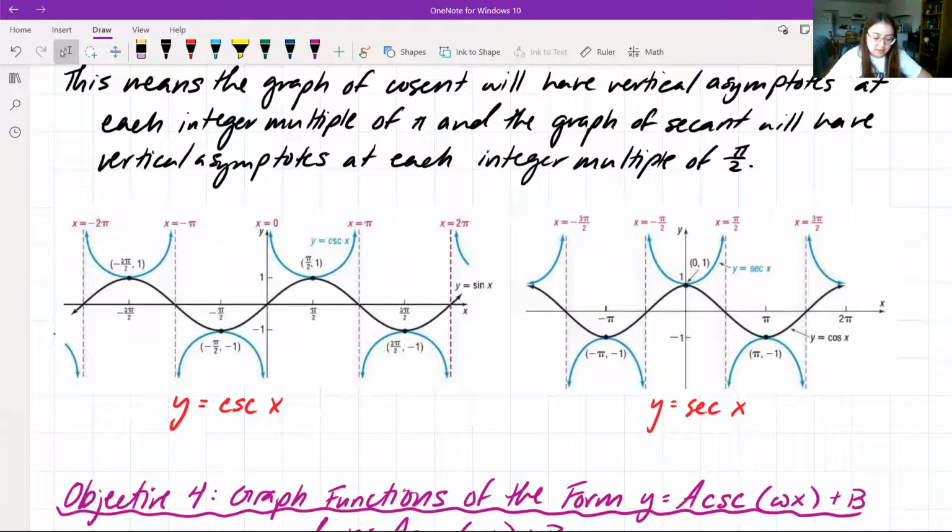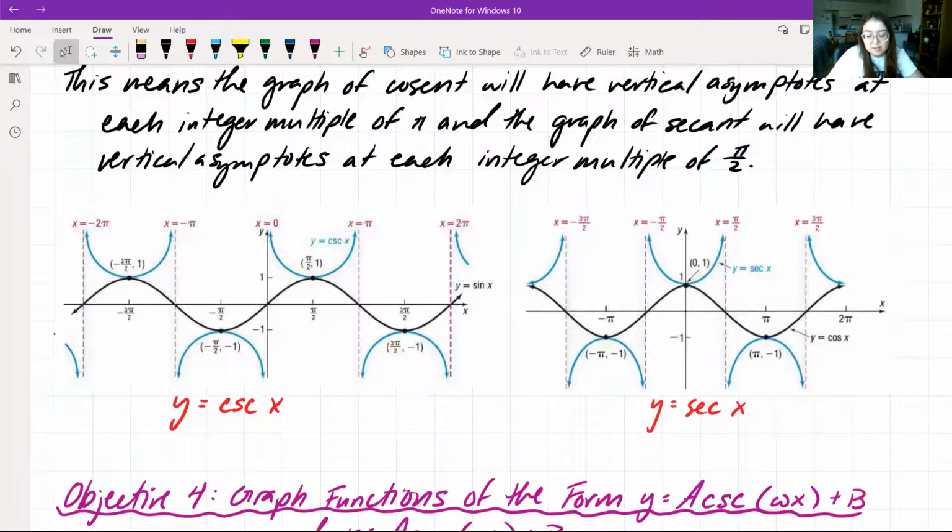So when we look at our graph here, our first graph being y is equal to cosecant of x, what we see is that we've written y is equal to sine of x in black, and then cosecant of x is in blue. So it's the reciprocal. Where we have sine of x in each one of these intervals, we have parabolas essentially as cosecant of x.